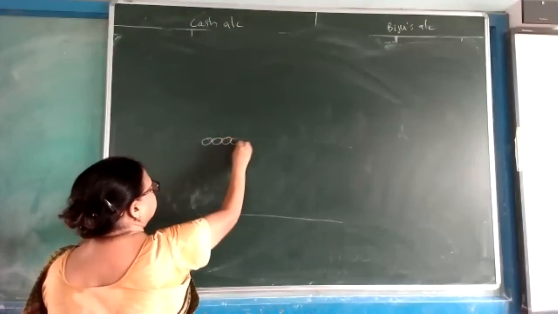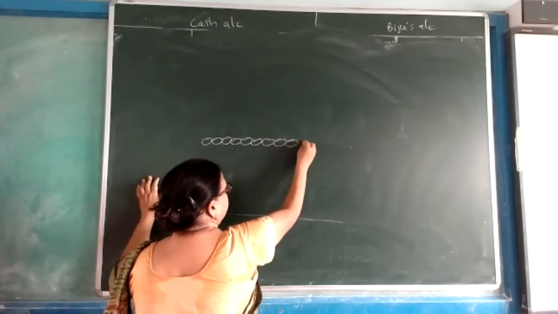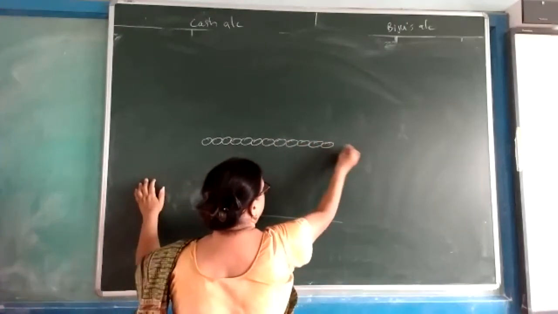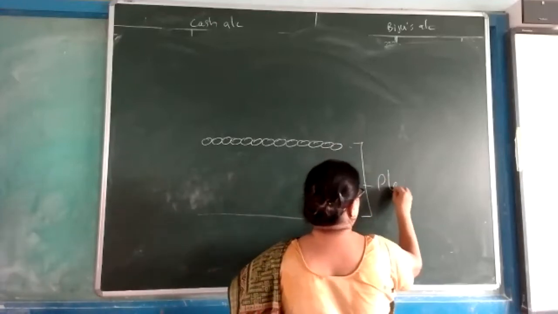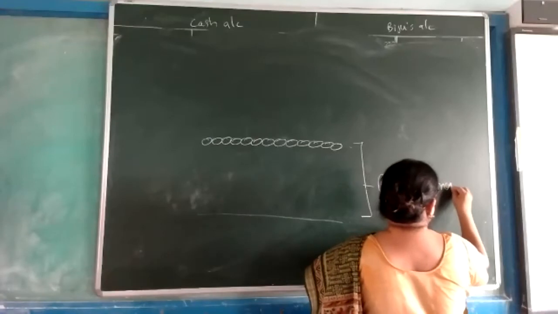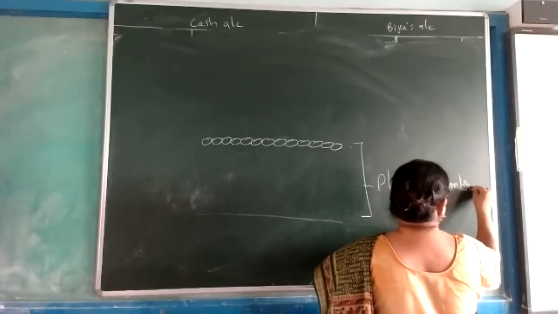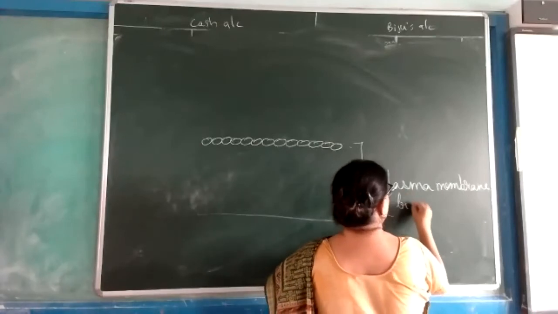The hydrophilic ends. This is the plasma membrane. It is a bilayer.